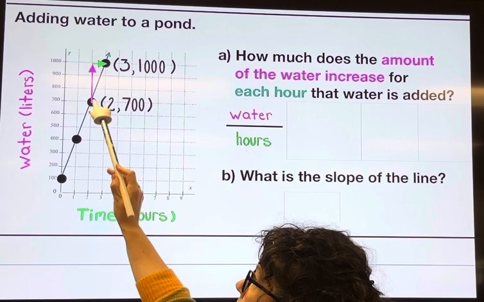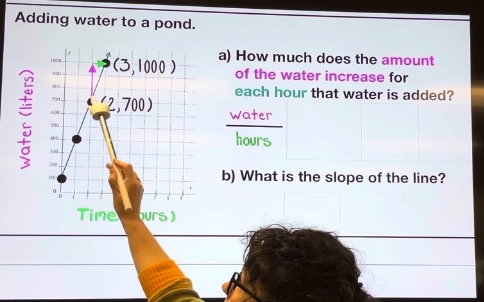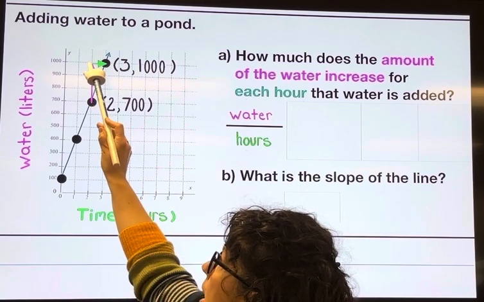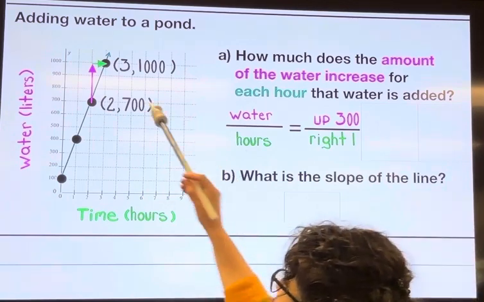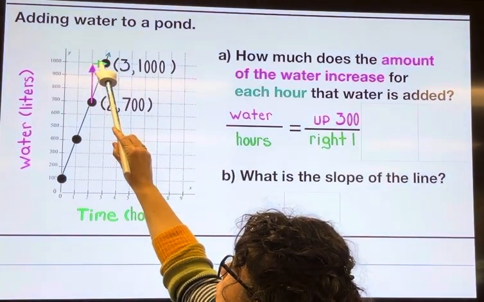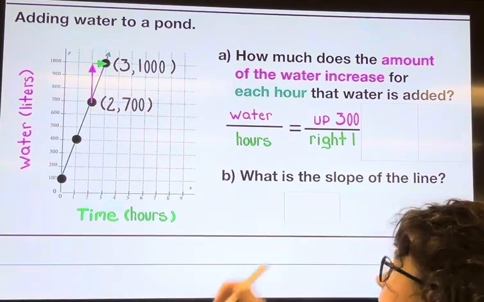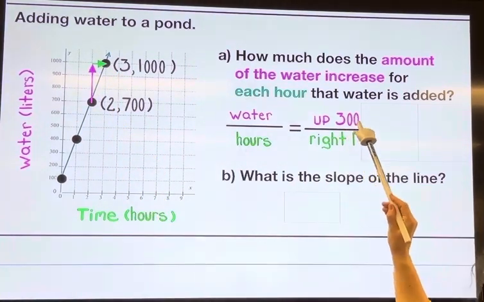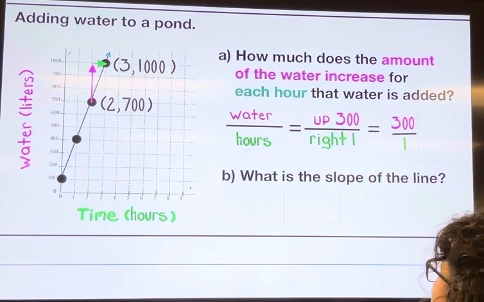So when I move up, I'm going from a height of 700 to a height of 1,000. So I'm going up 300. And then I have to move over 1, so right 1. This fraction here, positive 300 over positive 1, so 300 over 1.